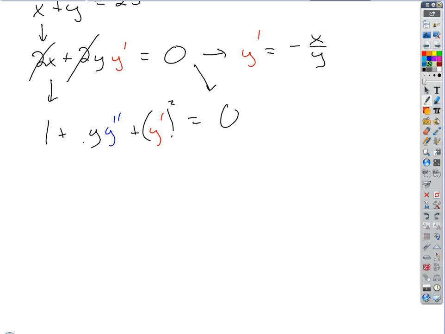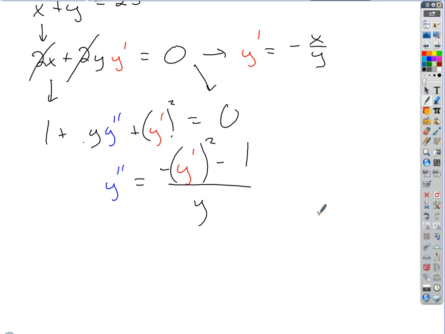Then I get y double prime equals negative y prime squared minus 1, all divided by y, right? That's kind of my answer.